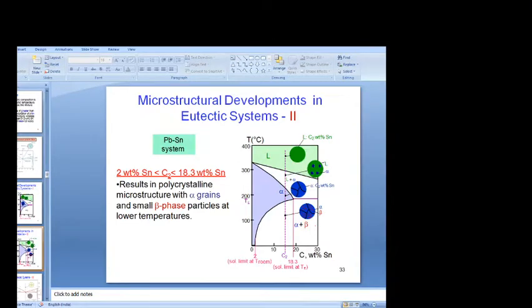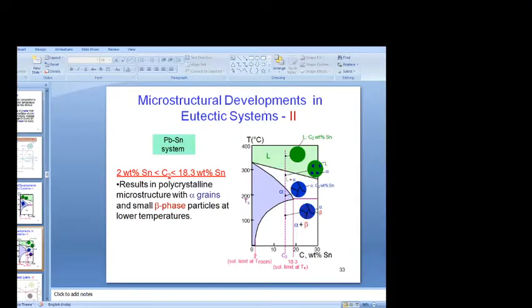So for this consideration, now we are going to focus on the third case, that is the solidification of the eutectic composition with the weight percentage of 61.9 weight percent of Sn, that is the point C3.